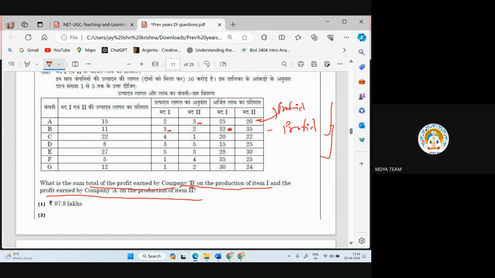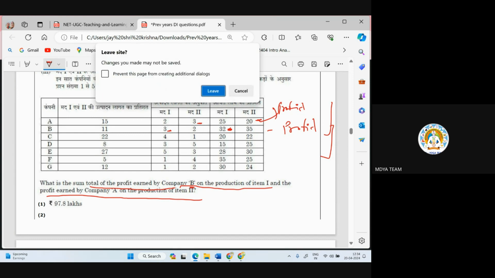Okay, done. Still trying to solve this question?